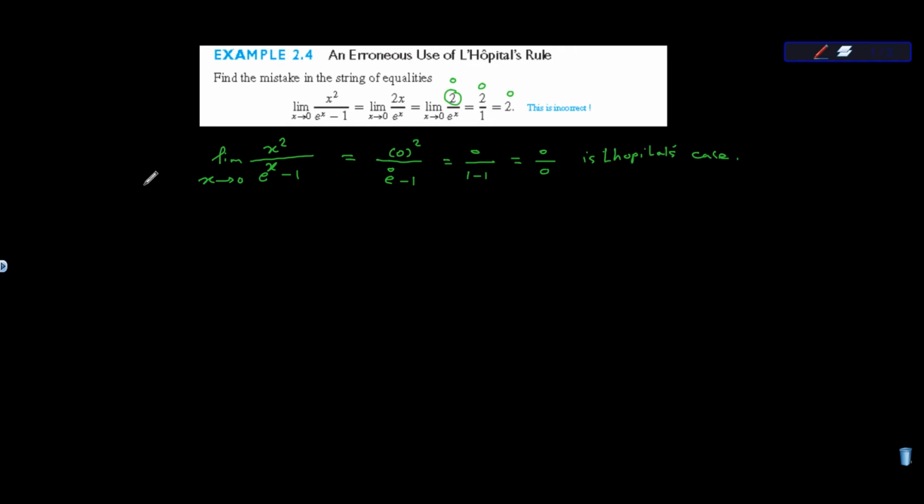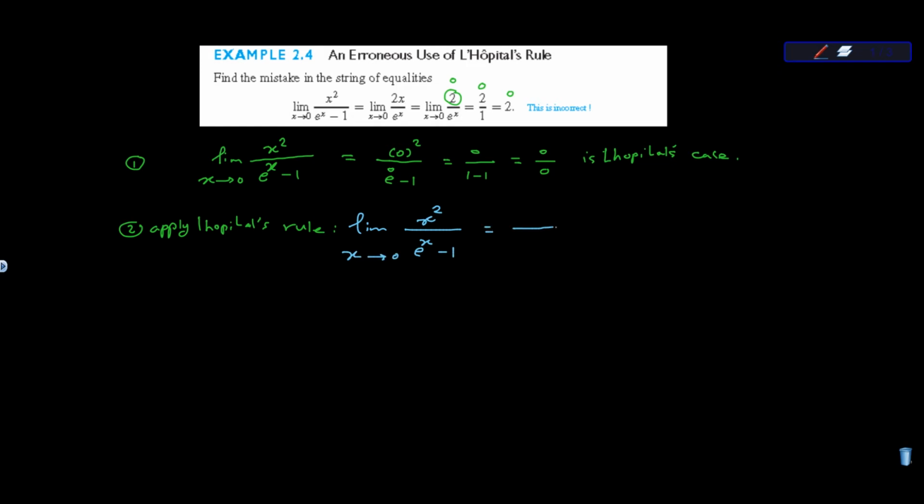Now the second step. This is the first step, substitute. The second step here is to apply l'hôpital's rule. We can write the limit of x squared over e to the power x minus 1 as x approaches 0.